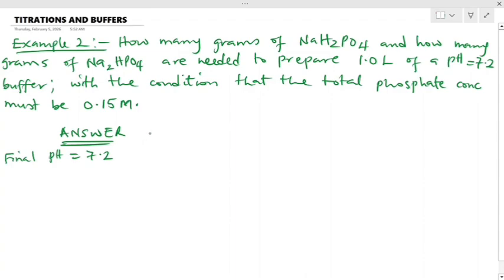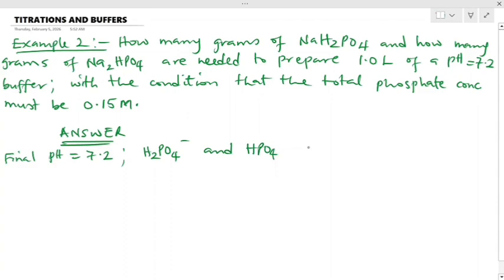So I know that my buffer is going to be a dihydrophosphate buffer and hydrophosphate buffer.